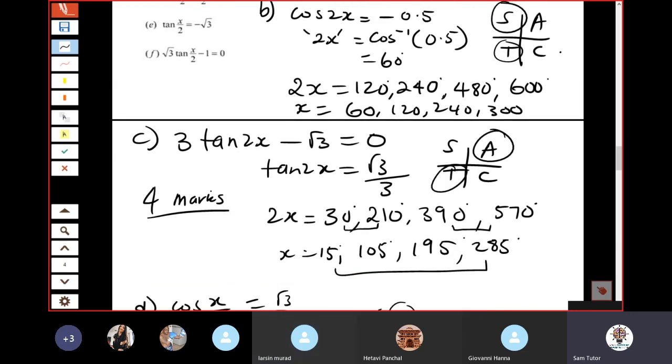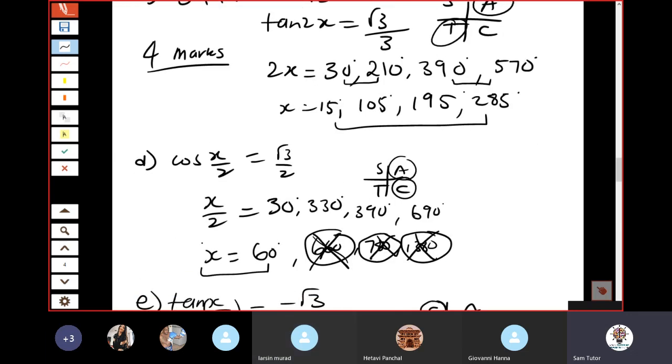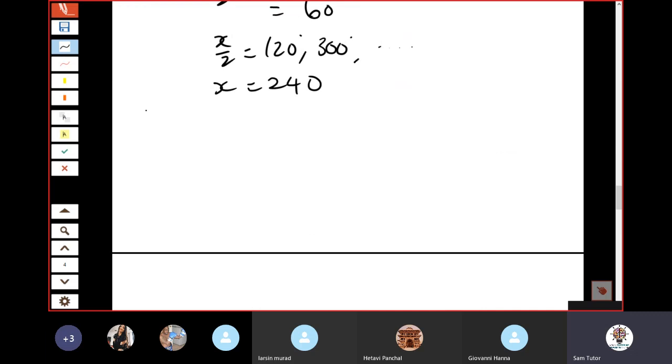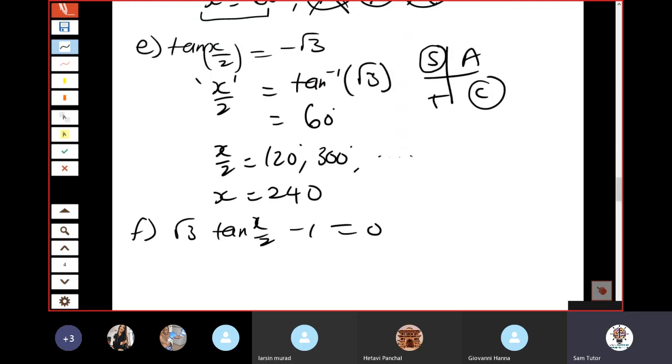Last one. I'll do the last one. Root 3 tan x on 2 minus 1 equals 0. I'll go up in case you guys are copying.